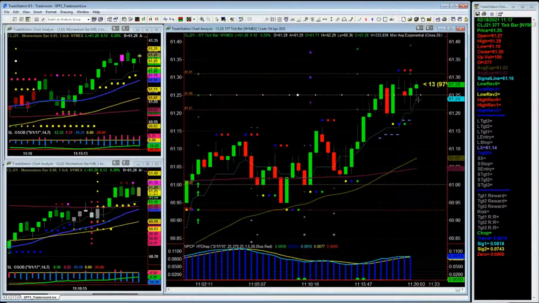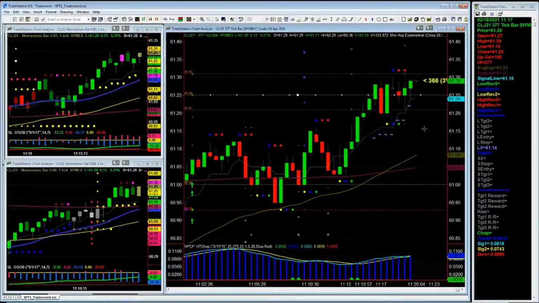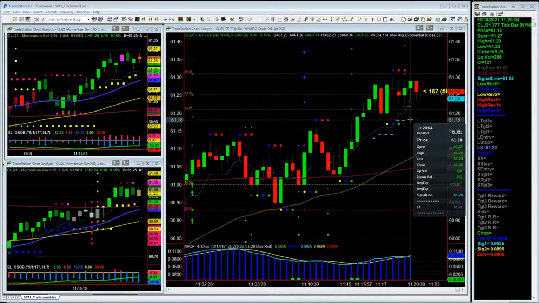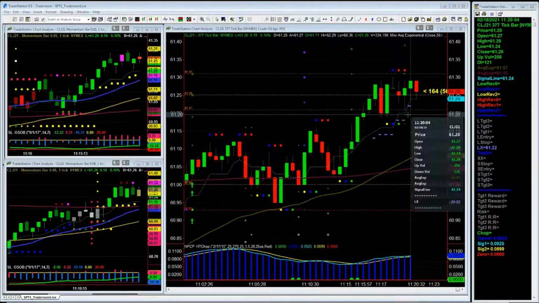But the buyers are trying to win this fight here. Move your stop to 61.22. Keep locking in that profit. Let's see if we can at least get 1 tick higher to hit that 31 before stopping out. 22 is where your stop needs to be now. You could keep it down here at 19.